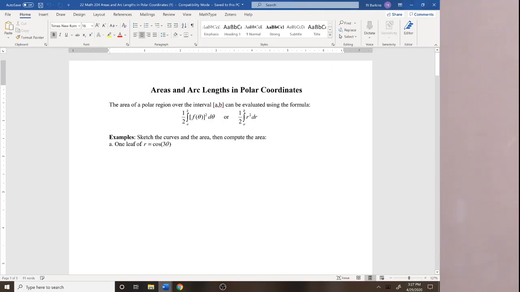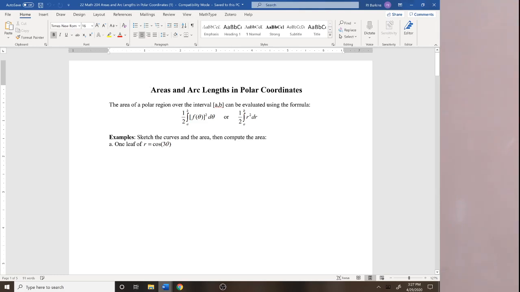Last couple topics that we'll cover for the semester: areas and arc lengths in polar coordinates. So it doesn't translate as nicely as we'd like. Before, we used to just do the area under the curve, and it was easy.